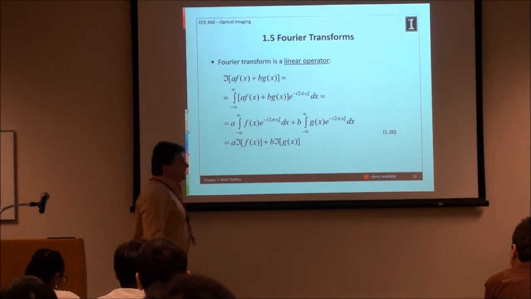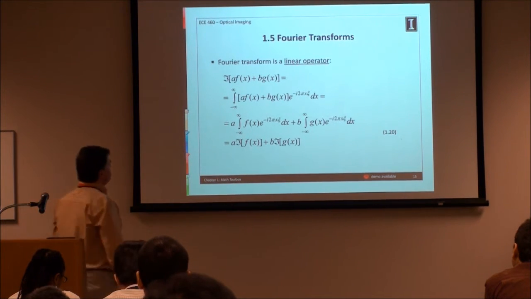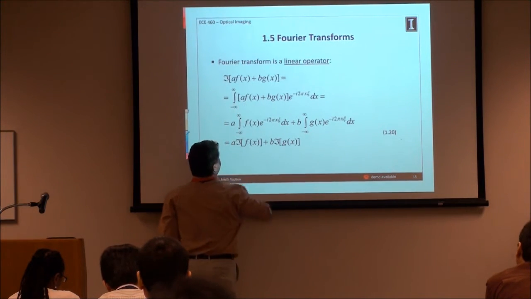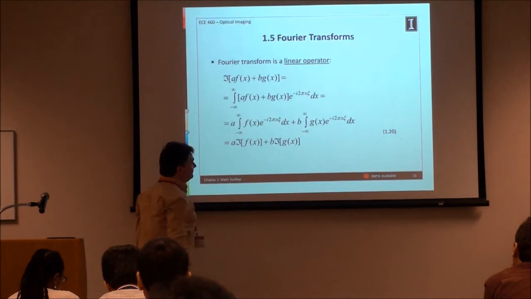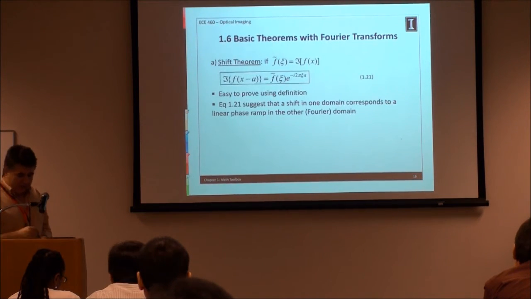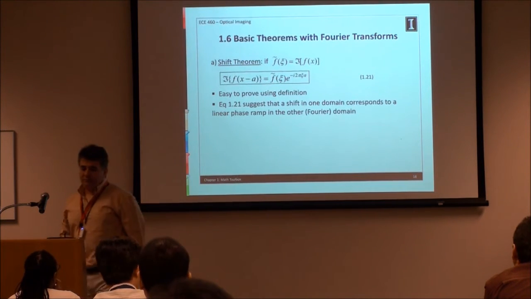Quickly, you can see immediately that the Fourier transform operator is linear. There is no mystery here. You can just plug in a times f plus b times g, you get this. So that means the Fourier transform operator is linear, which means I can apply everything that we used before.